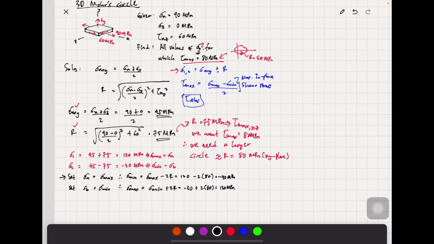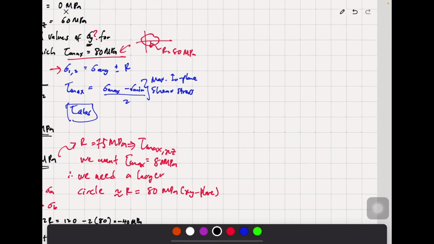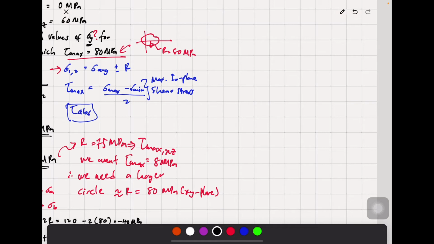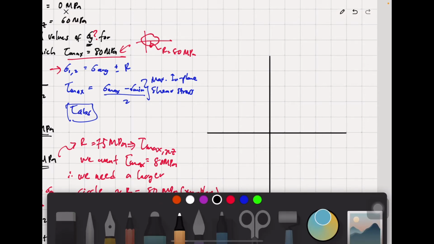So by taking that into account, we're going to draw our circle for our system.